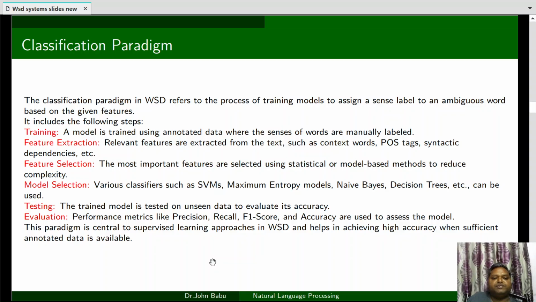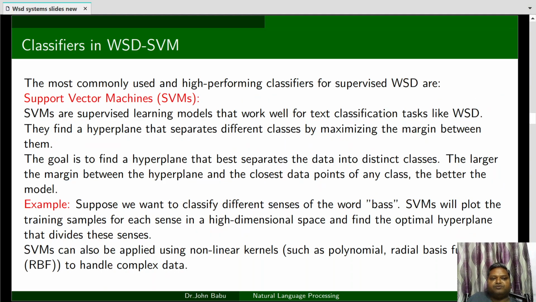Then we evaluate performance metrics such as precision, recall, F1 score, accuracy, sensitivity, to assess the model. This is known as the paradigm. This paradigm is central to supervised learning approaches in word sense disambiguation. And if our model is correct, we'll get high accuracy.